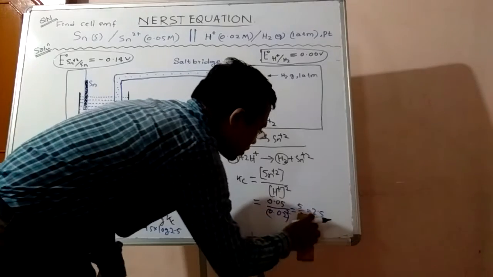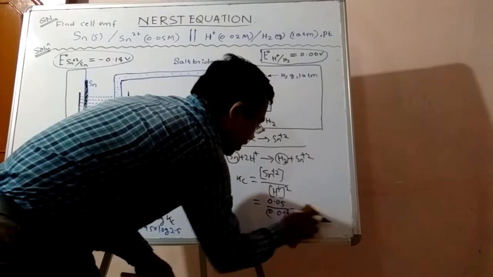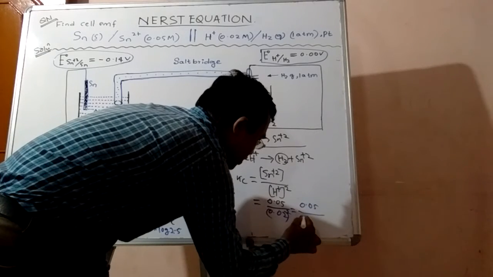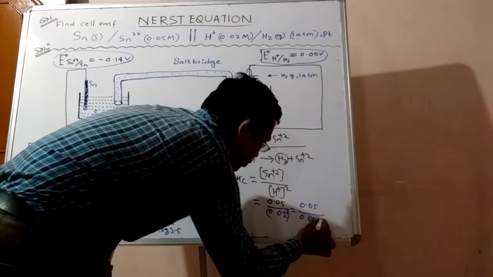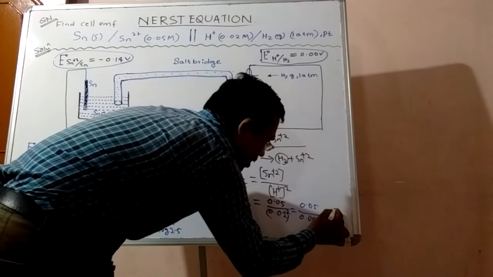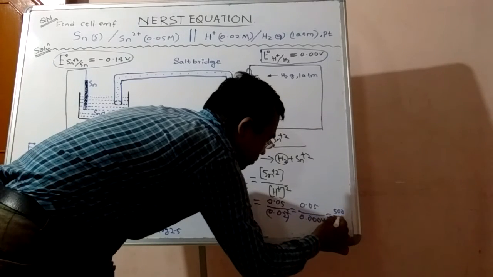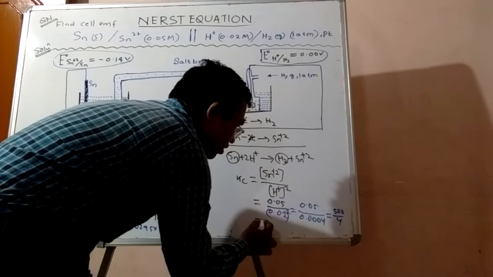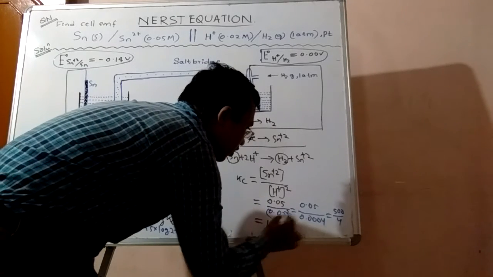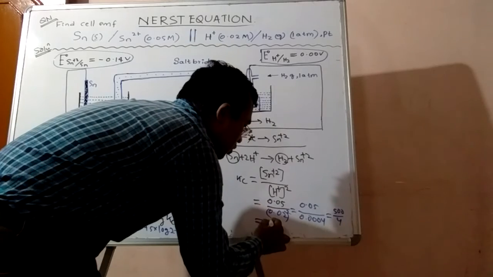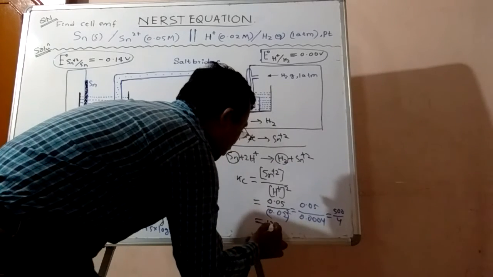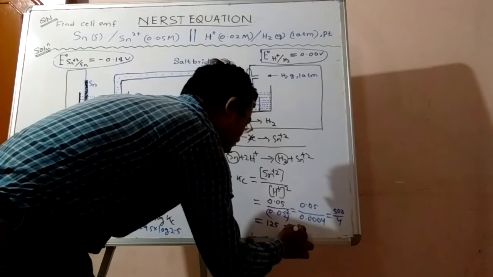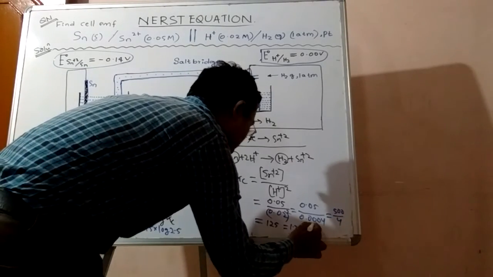So that comes out 0.05 divided by 0.0004, and that comes out to be 500 divided by 4, that is 125. The value of Kc is equal to 1.25 into 10 to the power 2.